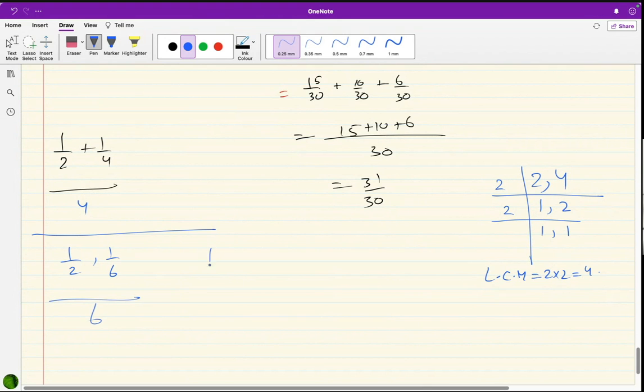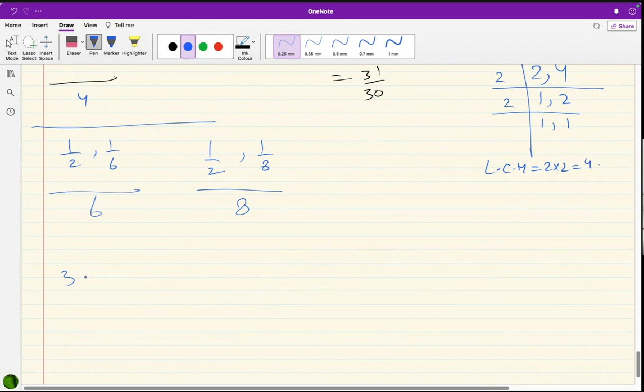Very good. 1 by 2 and 1 by 8, the LCM is 8. LCM of 3 and 6 is 6. 3 and 9, LCM is 9. 3 and 12, LCM is 12.